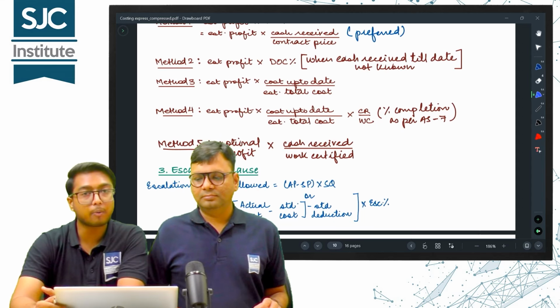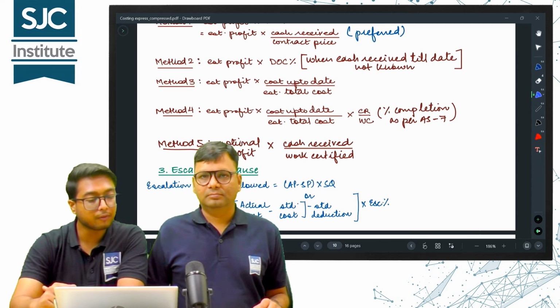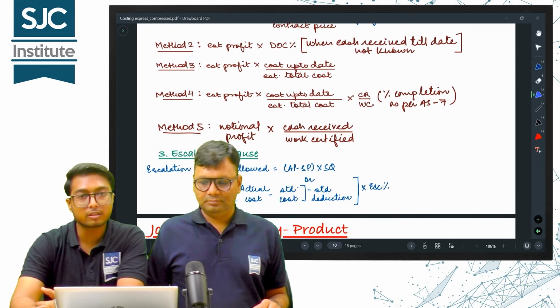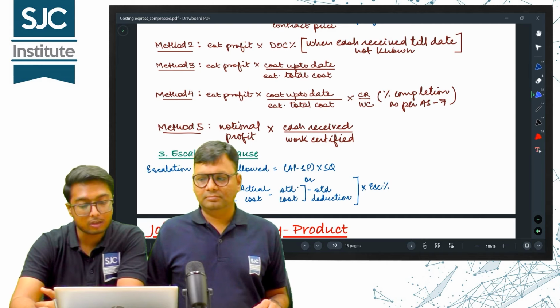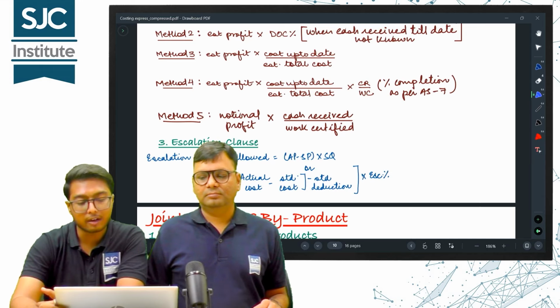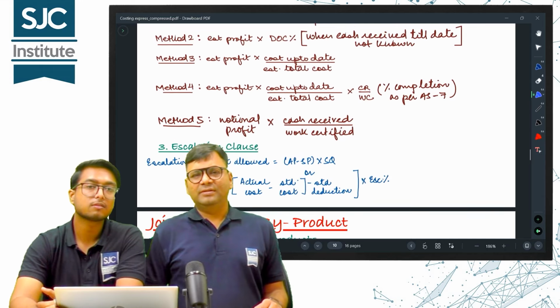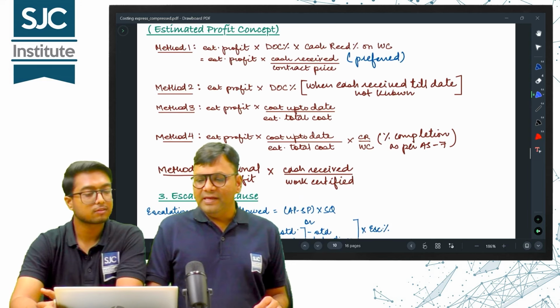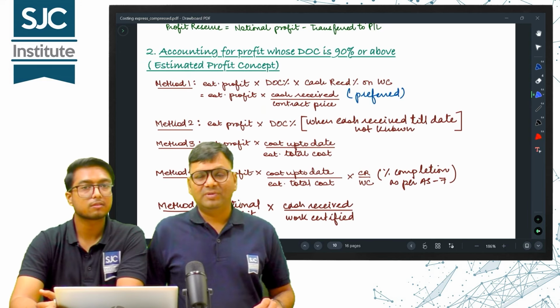Method 3, estimated profit into cost up to date divided by estimated total cost. Method 4, estimated profit into cost up to date divided by estimated total cost into cash received upon work certified. Method 5, notional profit into cash received upon work certified. In many questions, we have used this concept even if DOC was less than 90%.